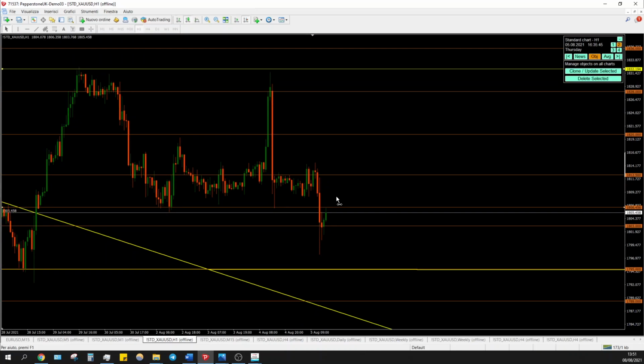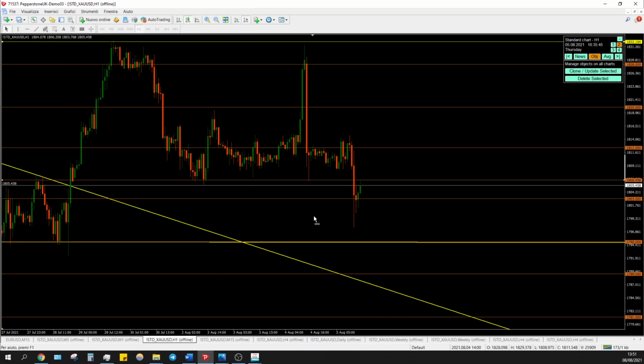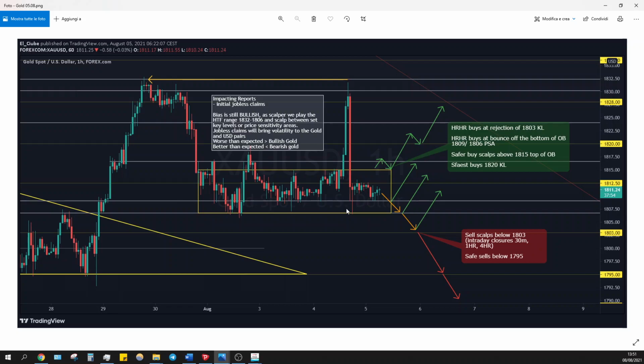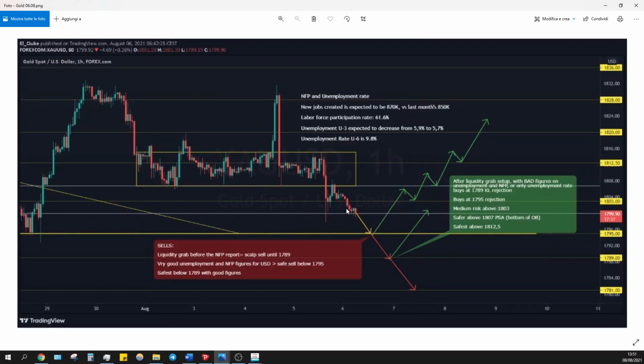This is giving you a feeling of, okay, we are in an order block. You can see it. We are definitely in an order block, but we are going towards optimist behavior, optimist sentiment from the investors.